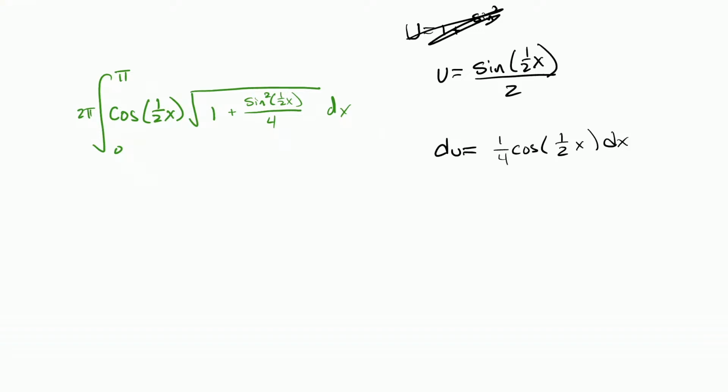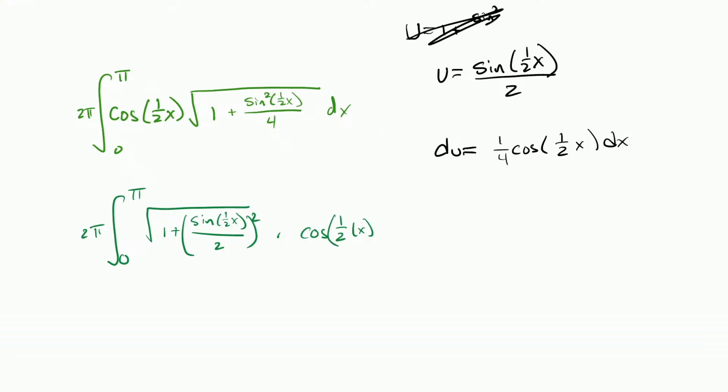Okay. So if we're happy with that, what are we going to do? Oh, yeah. We're going to do this substitution. This is 2 pi integral from 0 to pi of the radical of 1 plus sine of 1/2 x over 2 quantity squared, times cosine of 1/2 x dx.